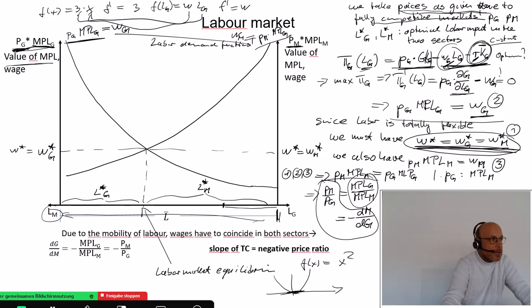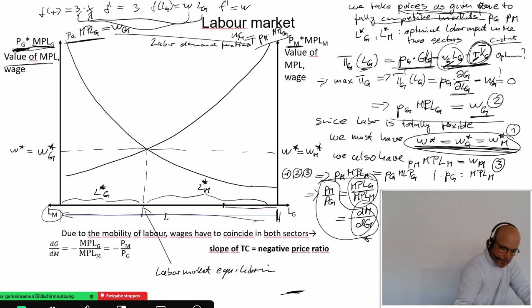Price ratio equals the slope of some other function in your household optimum. Compare this with the household optimum.